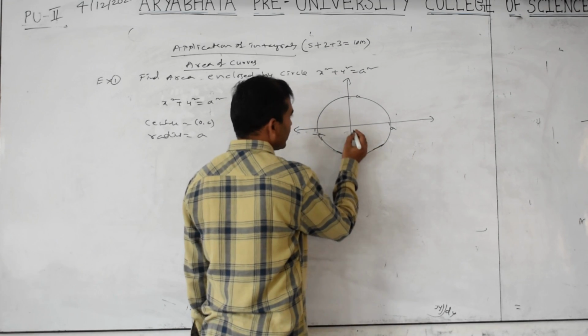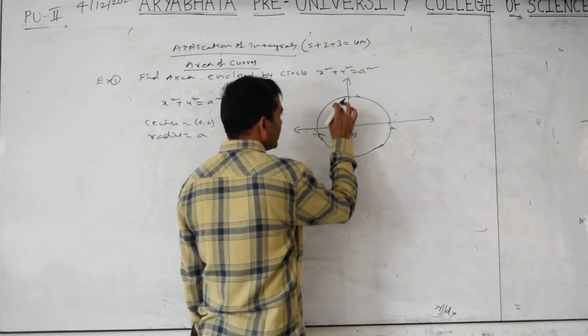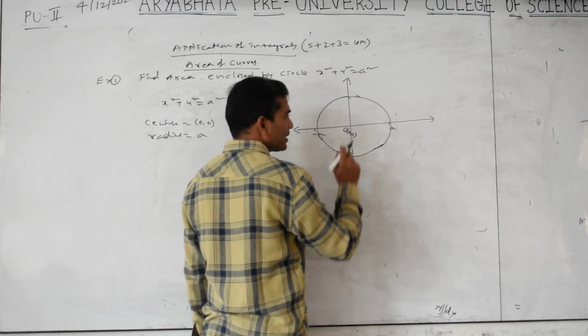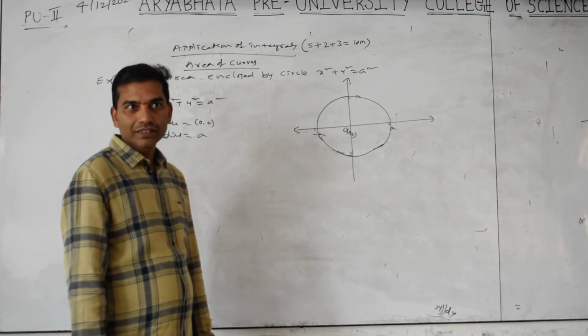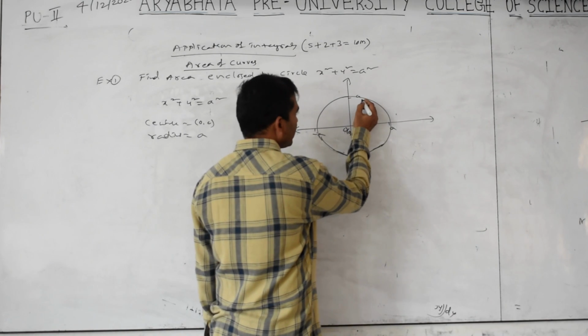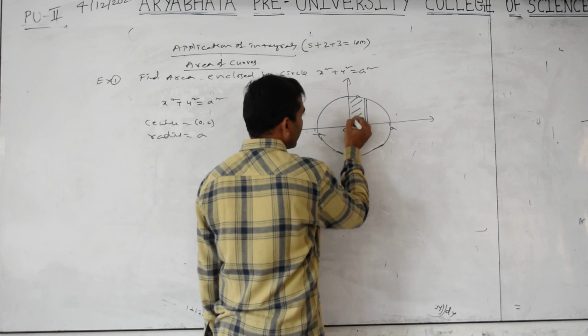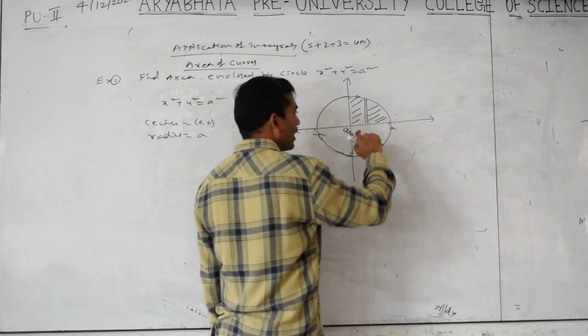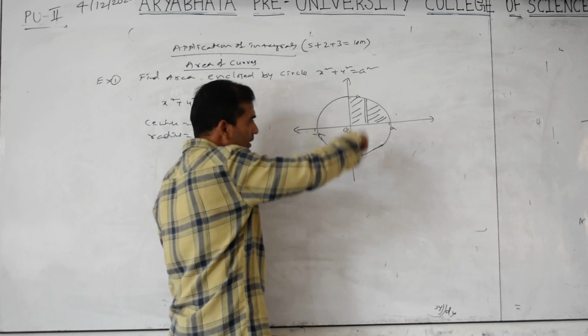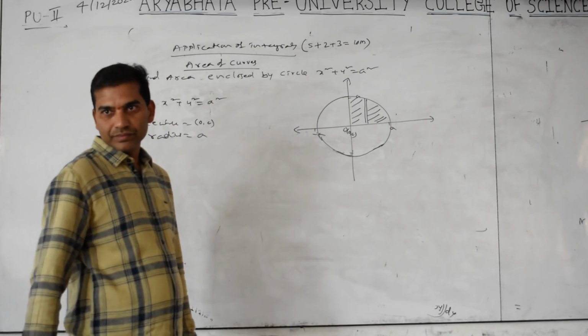The center is 0 comma 0. Are all these 4 parts of the area the same or not? Yes. Now I am going to find this area first of all, and after finding this, I am going to multiply by 4. We will get the whole area.